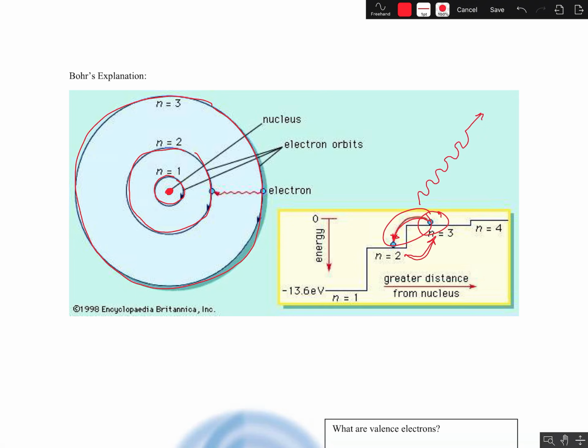Now, Bohr also learned a few other things about the electrons as they orbit the nucleus of the atom. He learned something that we now call the 2n squared rule. And the 2n squared rule helps us determine the number of electrons that are possible on each energy level.